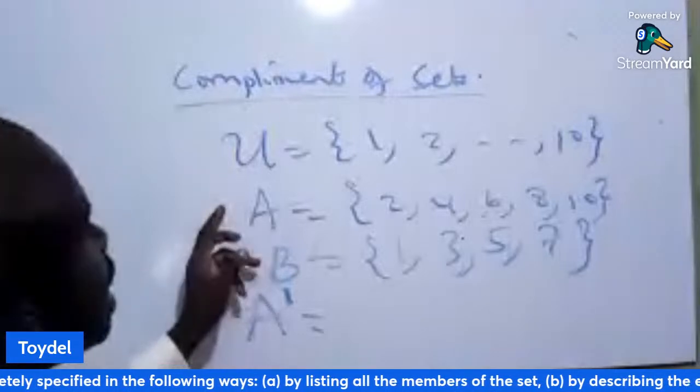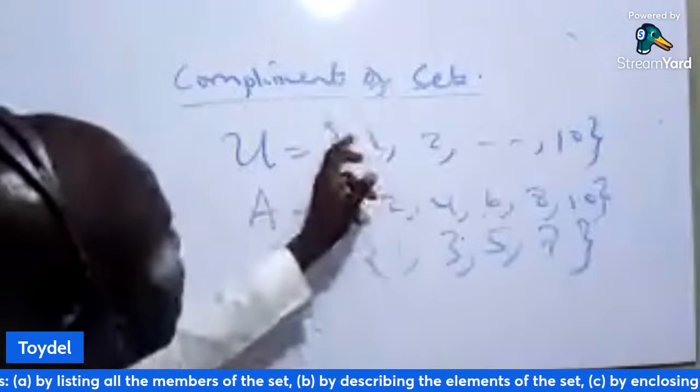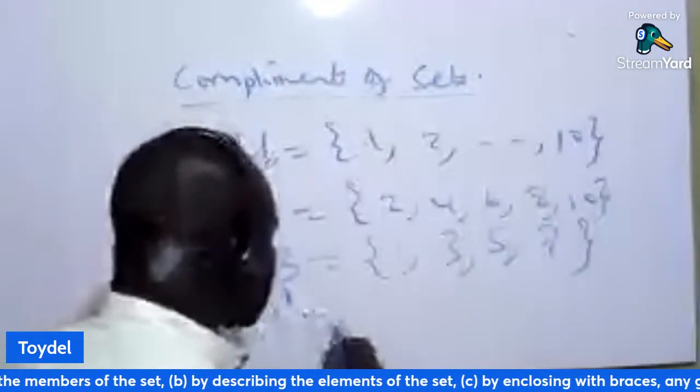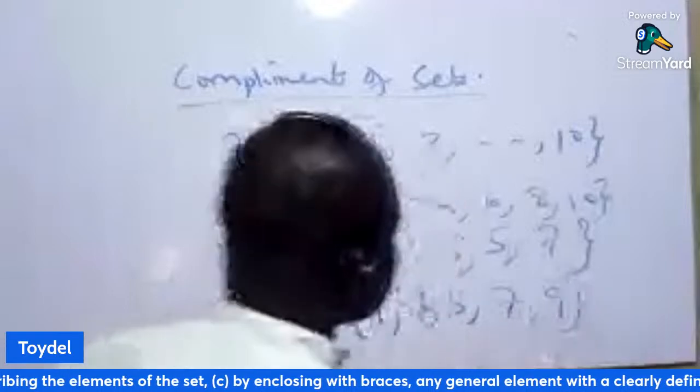That is, if I have to find A complement here, A complement are the elements that you have inside the universal set that you don't have in A. So in this case, A complement will be 1, 3, 5, 7, and 9.